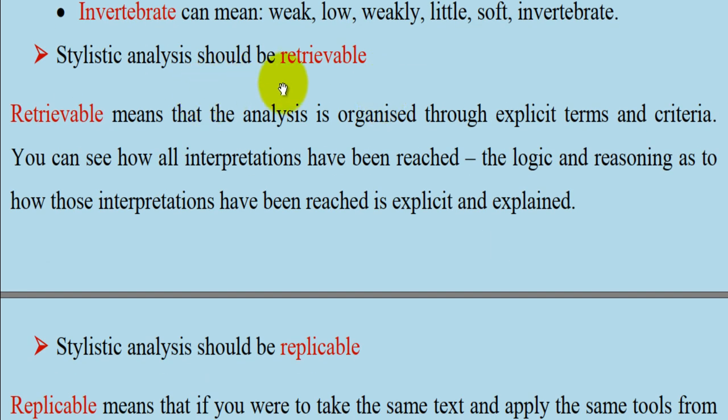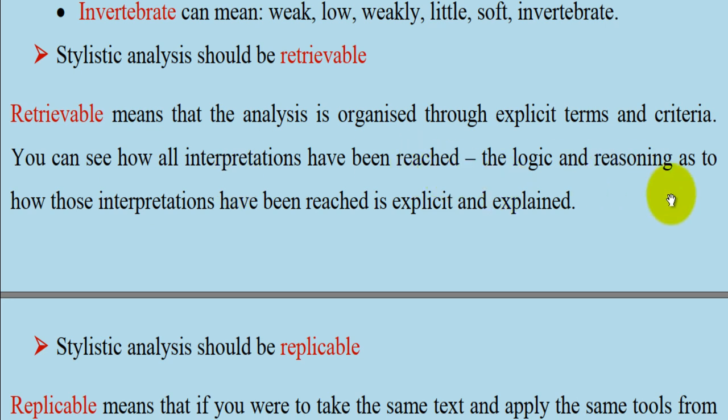Stylistic analysis should be retrievable. Retrievable means that the analysis is organized through explicit terms and criteria. المقصود هنايا هو التنظيم ديال التحليل خاصو يكون من خلال واحد الشروط وواحد المعايير محددة. You can see how all the interpretations have been reached.